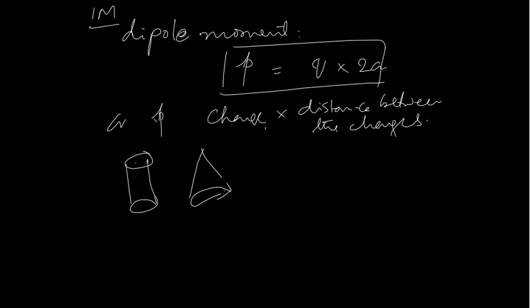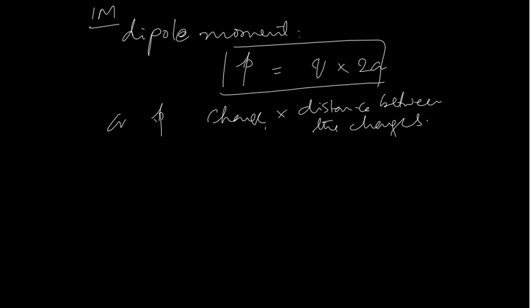So if you draw a center line like this, this line which goes through the center is called the axis. Got it, right? So that's called an axis.